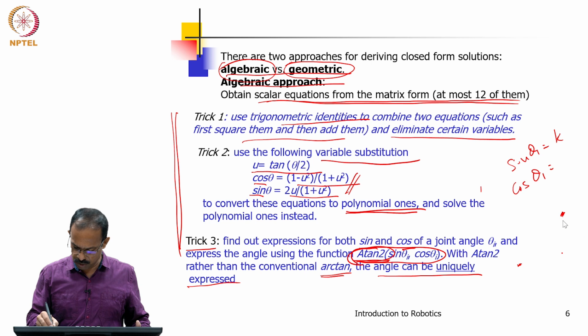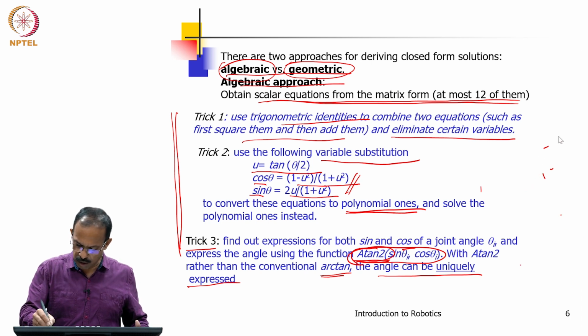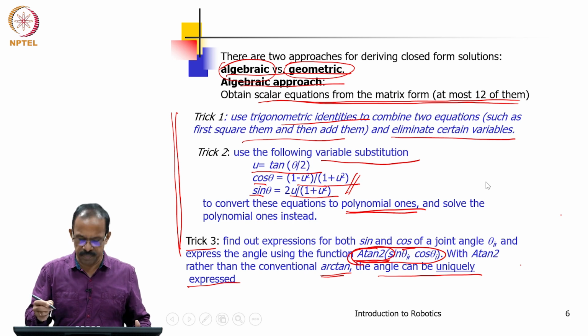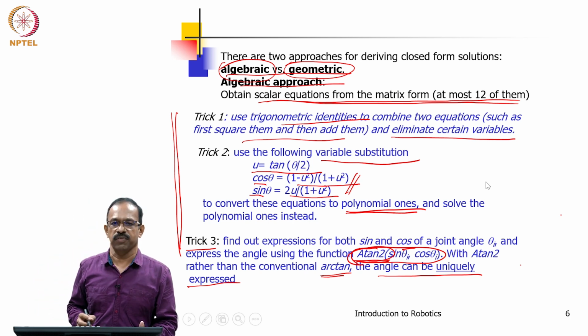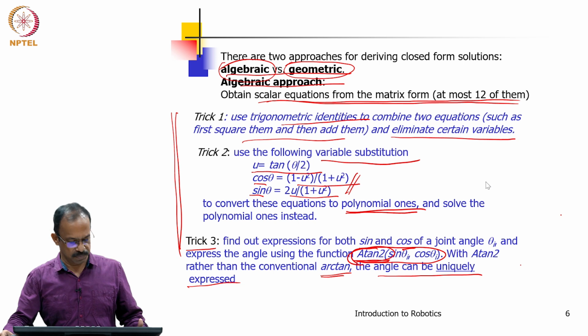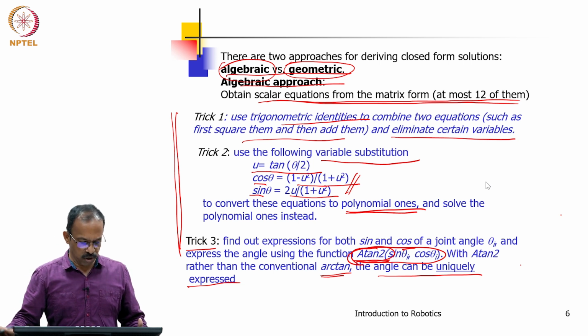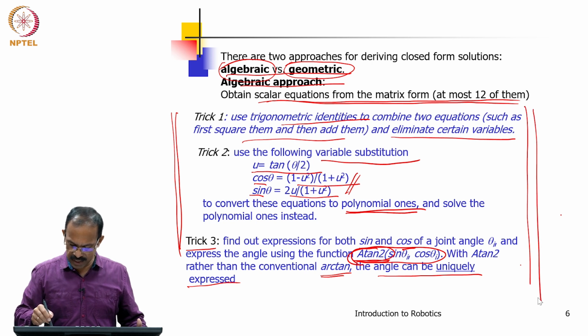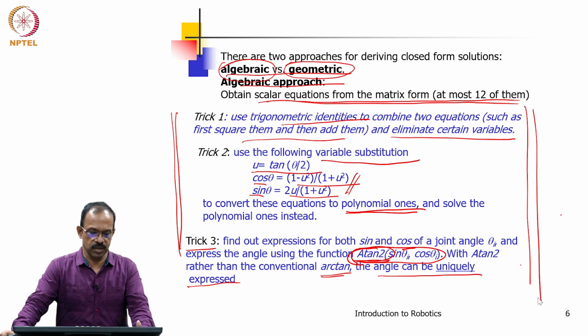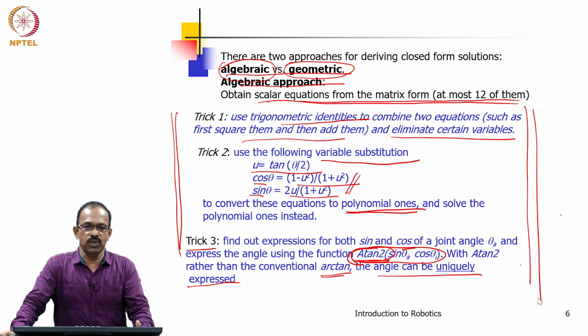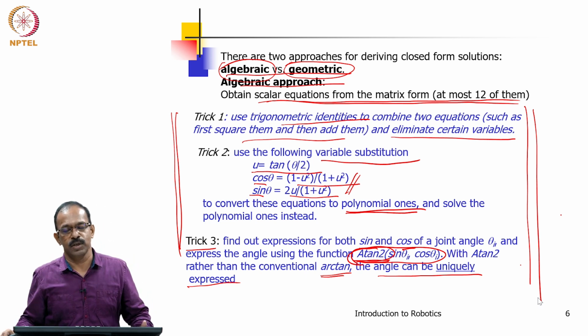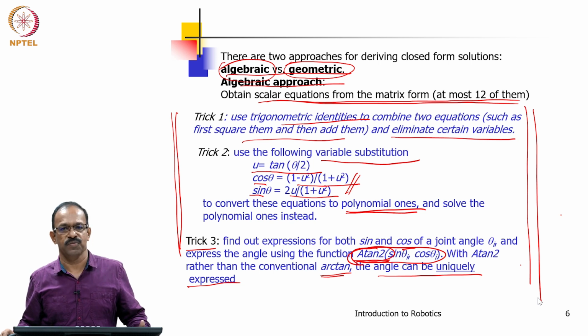I will explain this when we consider examples, and the importance of the atan2 function in solving these equations. So to solve these equations we need to use some of these trigonometric tricks, which help us simplify the equations and solve them without much difficulty.